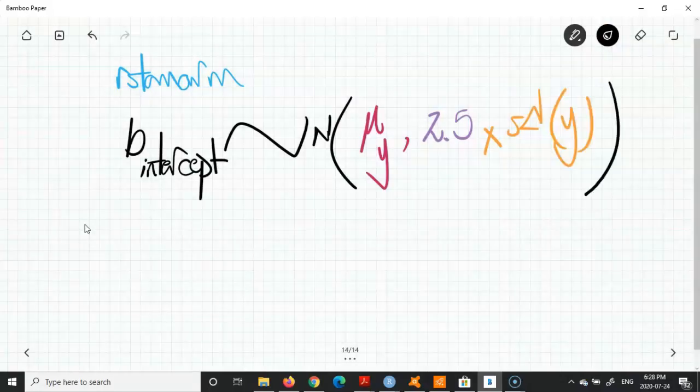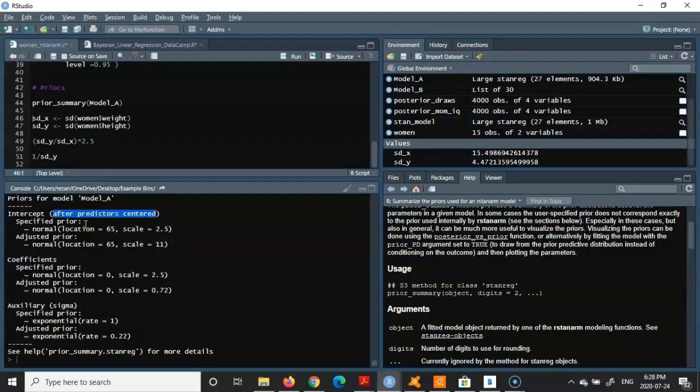Okay, and now let's go back to our R to see what has happened there. For our intercepts, for our normal specified priors, the mean is going to be 65. It's very easy to verify that.